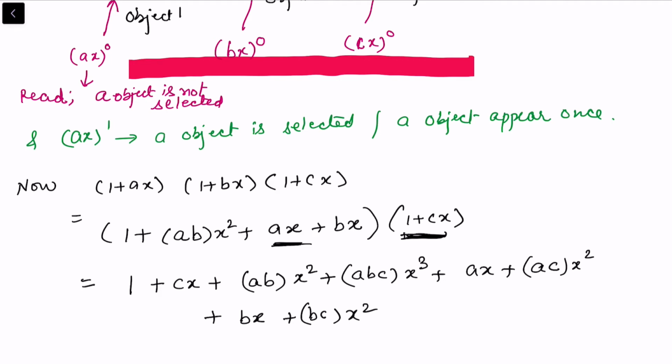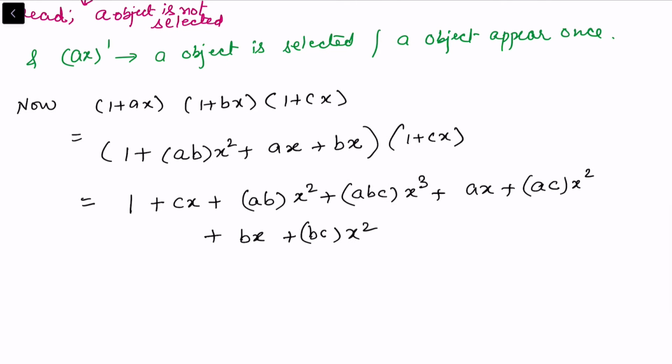Currently these are in random order, but let's arrange them in increasing order of the power of x. So we have 1 plus, club the coefficient of x raised to power 1 altogether, so we get a plus b plus c times x. This is due to cx, bx and ax.